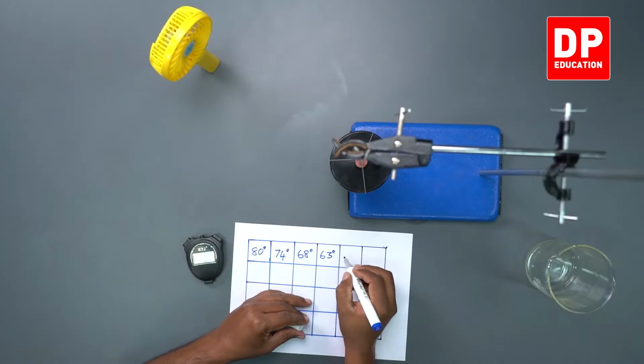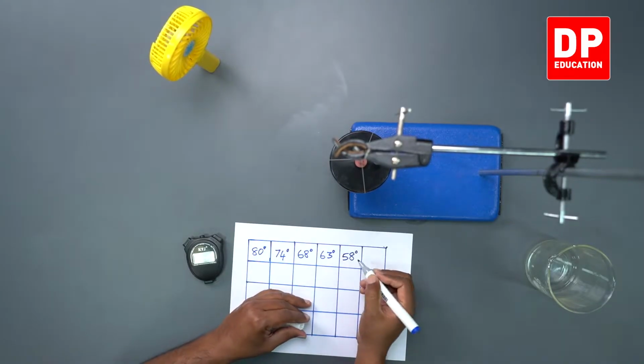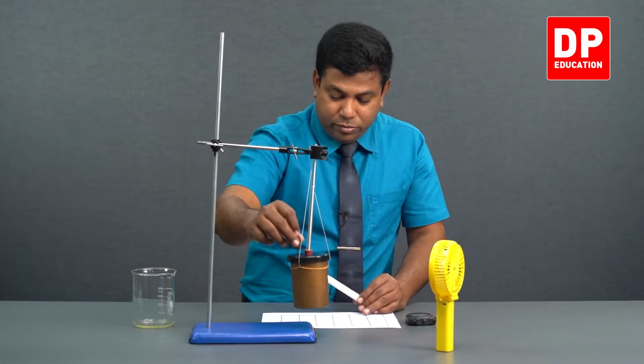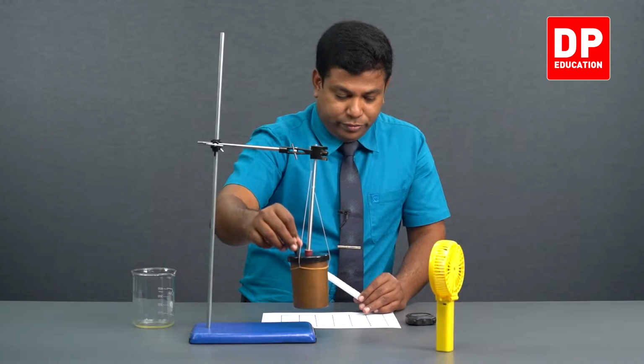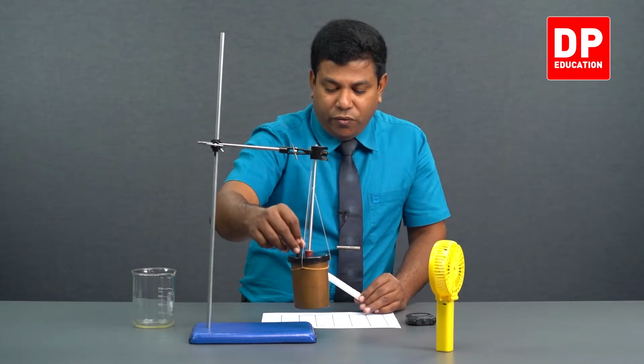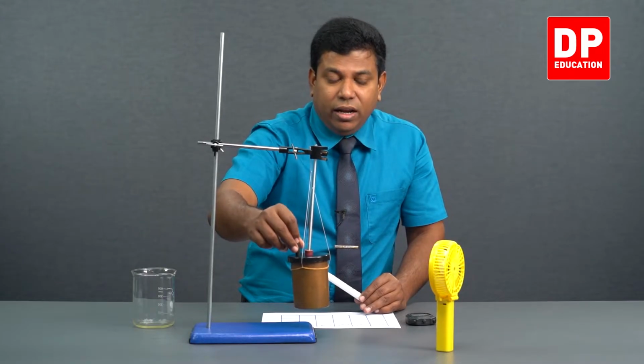58 degrees. Maintain uniform temperature within the oil or within the liquid. That's why we keep on stirring it.